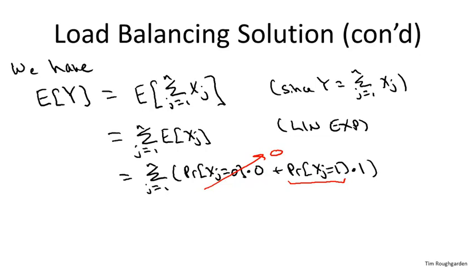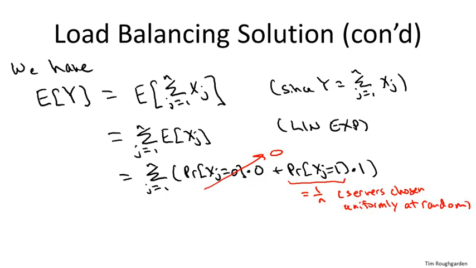Well, remember, the proposed solution assigns each process to each of the n servers equally likely with uniform probability. So the probability the jth process gets assigned to the first server is 1 over n. So this leaves us with just the sum from j equal 1 to n of 1 over n. That is, we just sum up 1 over n with itself n times. This, of course, is equal to 1.